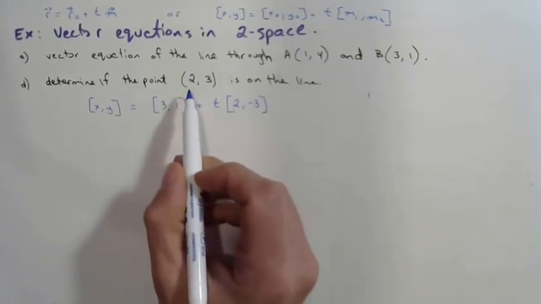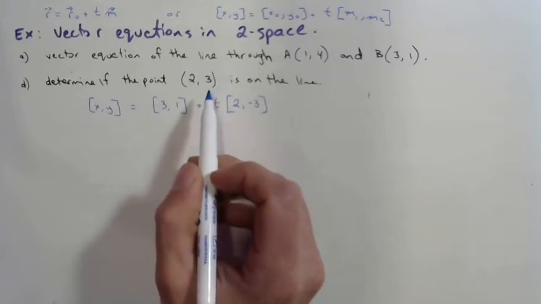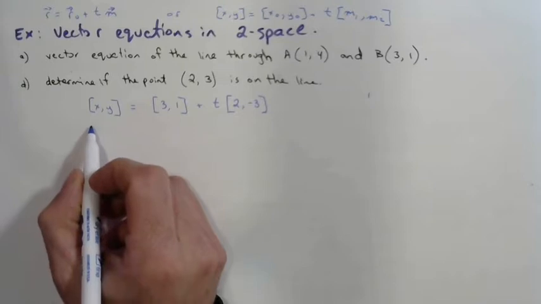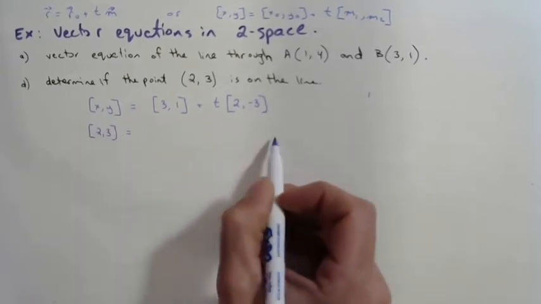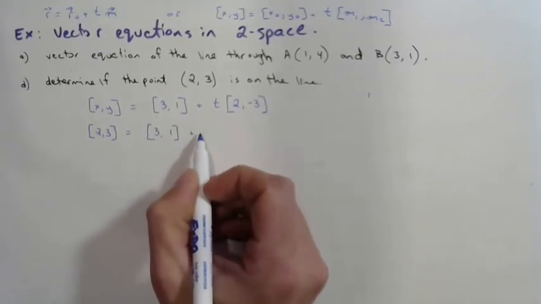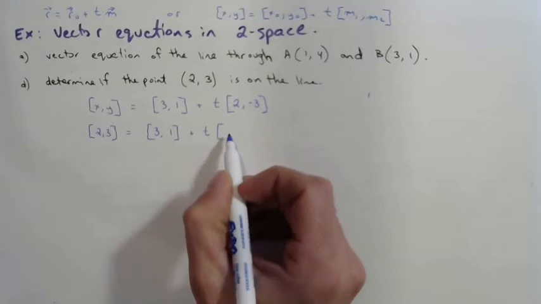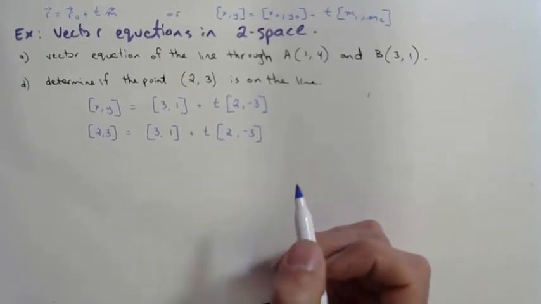So if 2, 3 is on the line, that would mean that the position vector 2, 3 can be built from the position vector 3, 1 plus some multiple of the direction vector 2, -3. Okay?